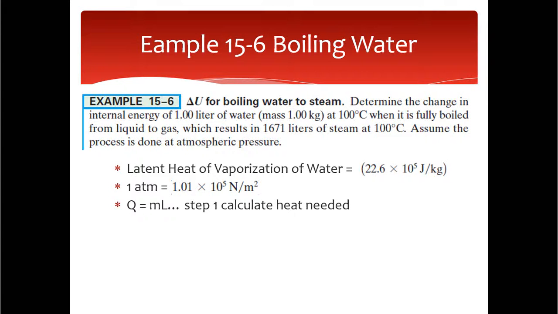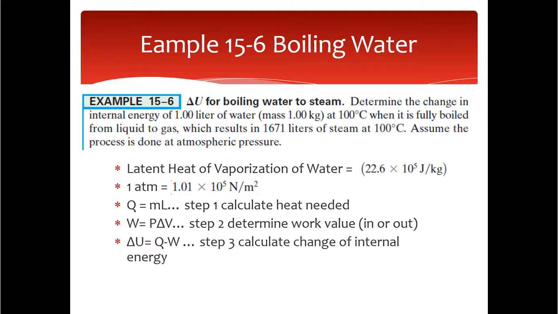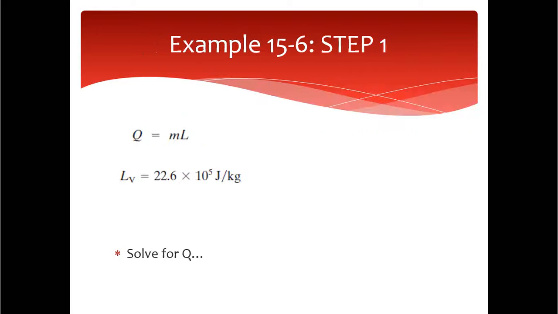The first step is to calculate the heat added through the use of that latent heat and the mass of the liquid in the first place. Secondly, we'll calculate the work based on pressure and a change in volume. Third and finally, we will calculate the change in internal energy based on the first law of thermodynamics.